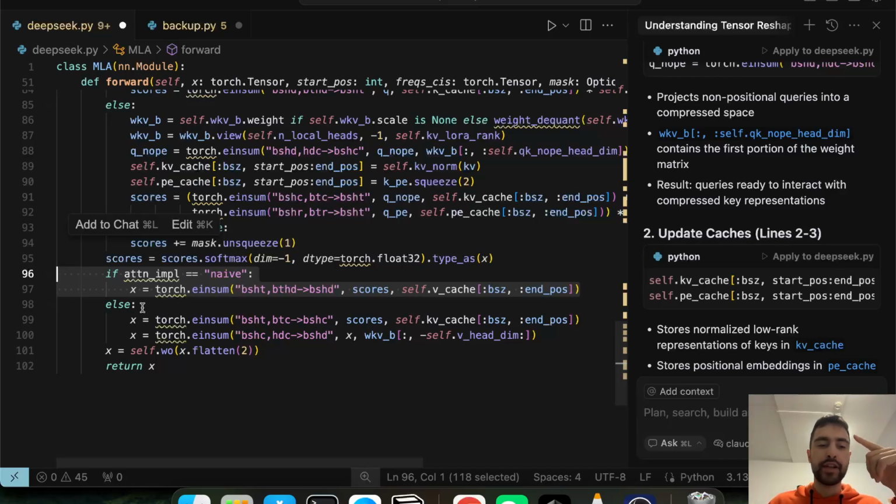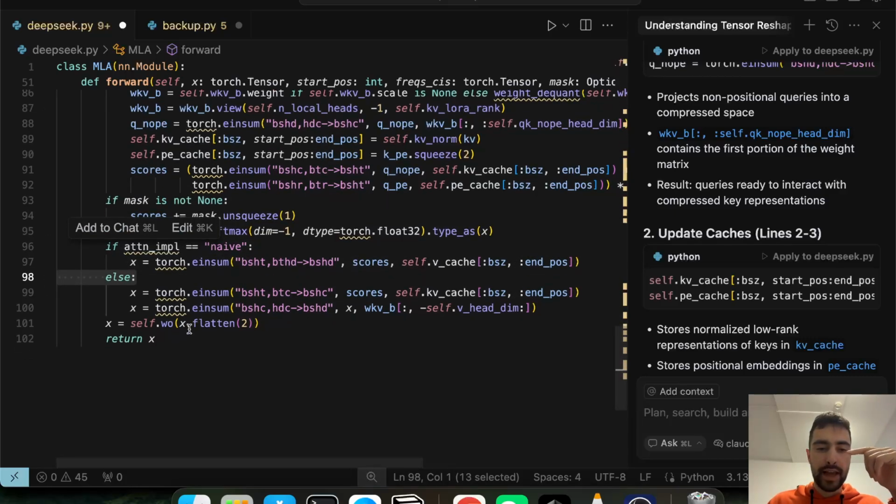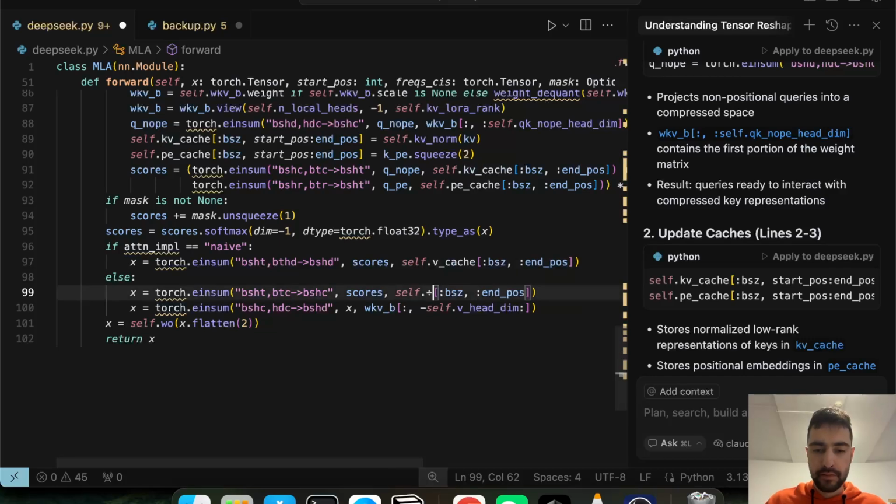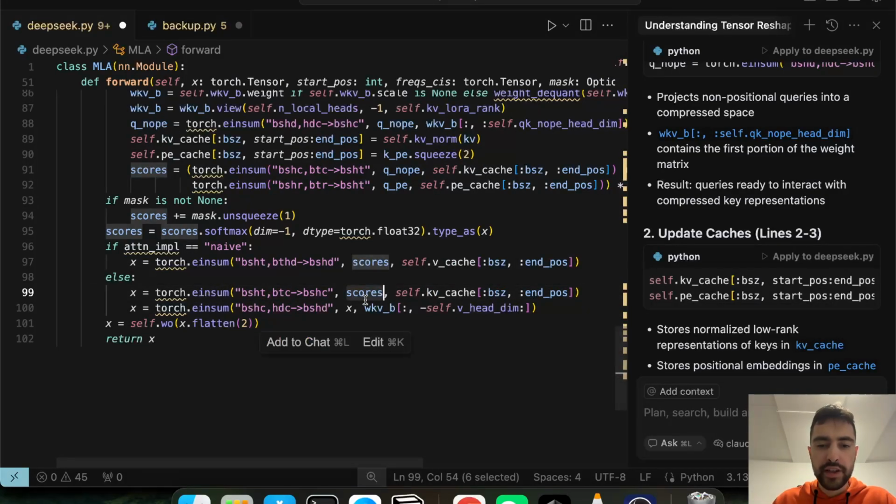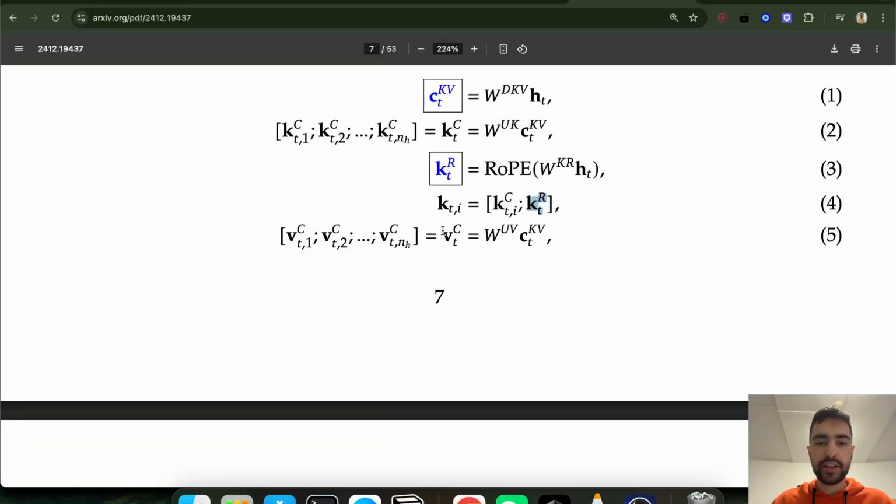But if we are using DeepSeek implementation, then, as I said before, we just need to multiply scores and values. Now this is KV cache, so this is not the value component that we are supposed to multiply with.